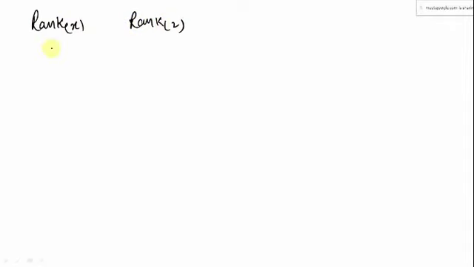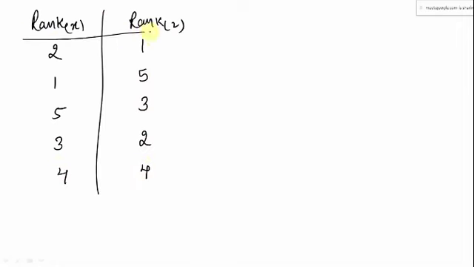They have given the ranking of the first like 2, 1, 5, 3, 4, and the ranking of the second like 1, 5, 3, 2, 4. So instead of data, they have given you the ranks, and asked you to calculate the value of rank correlation, r is equal to 1 minus 6 sigma d square divided by n into n square minus 1.